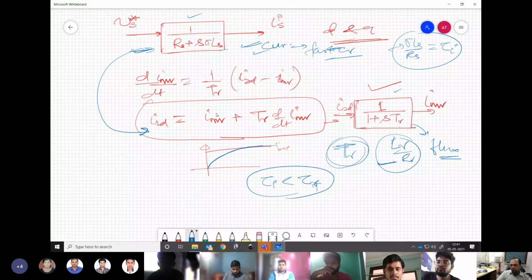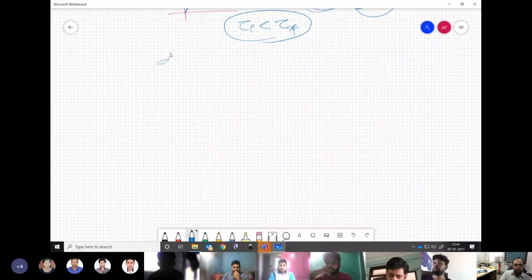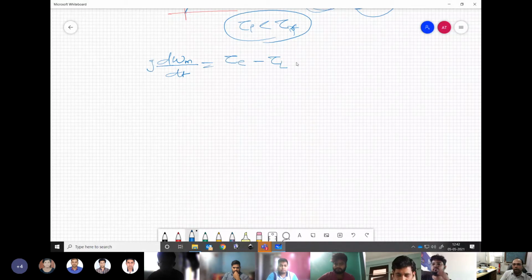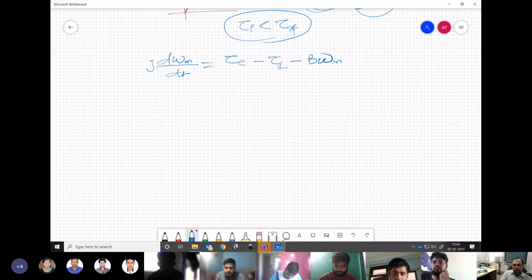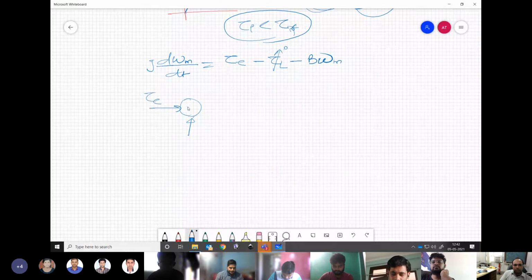Now we go for speed. Again, a similar thing we will observe. The equation for speed is J d omega m by dt equal to tau E, the electromagnetic torque we have developed, minus tau L minus b omega m. So tau L we can ignore because it is coming as a disturbance, or even if you want it to be there, the plant looks something like this.